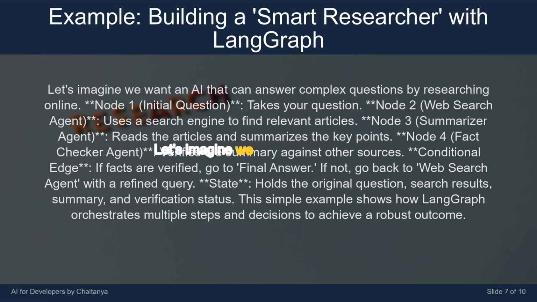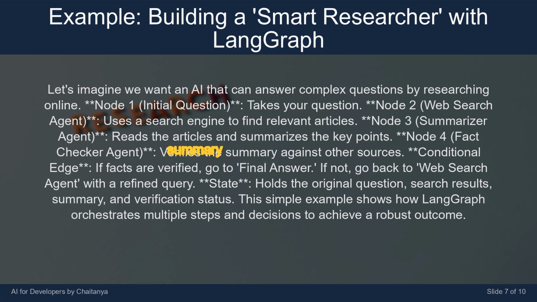Let's imagine we want an AI that can answer complex questions by researching online. Node 1. Initial question. Takes your question. Node 2. Web search agent. Uses a search engine to find relevant articles. Node 3. Summarizer agent. Reads the articles and summarizes the key points. Node 4. Fact checker agent.